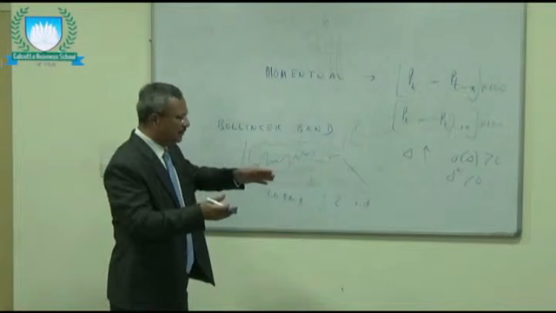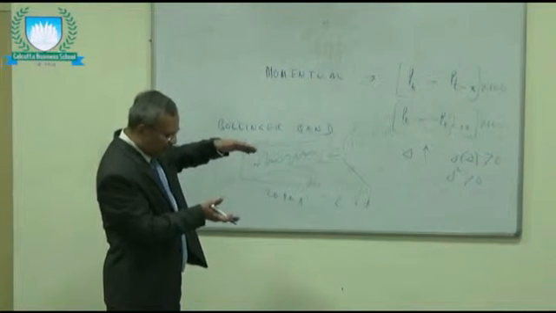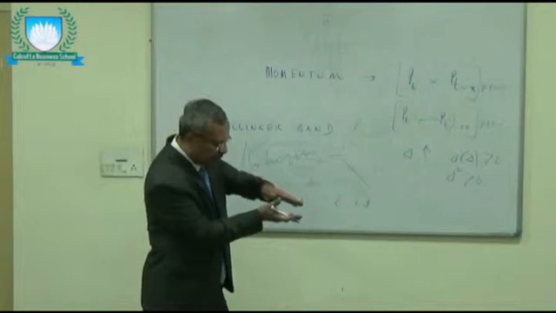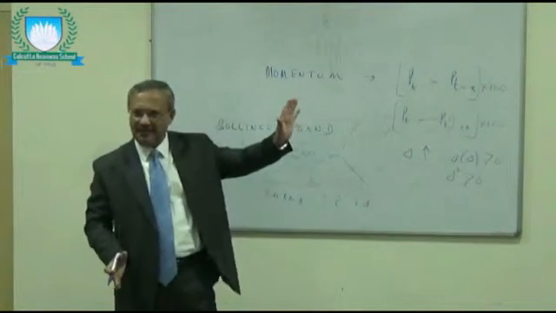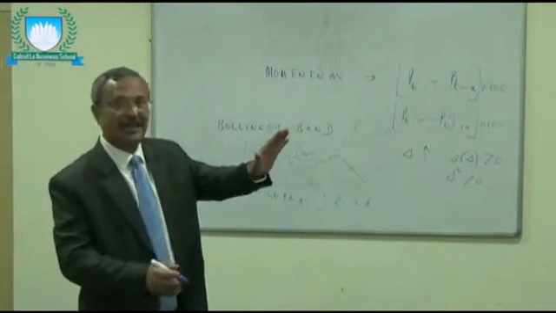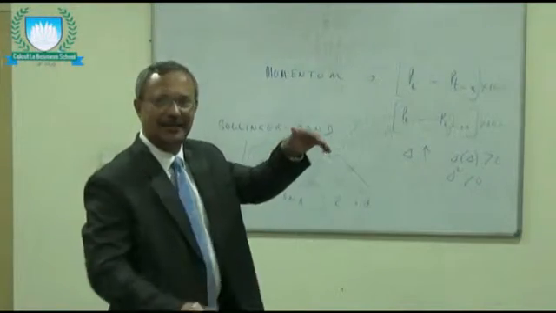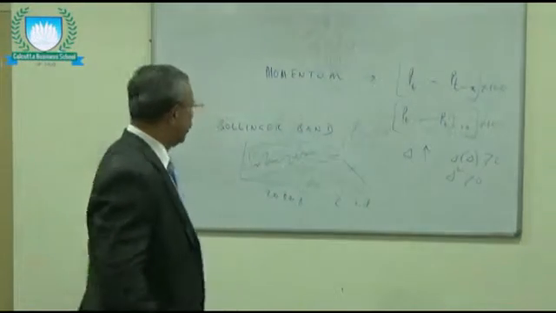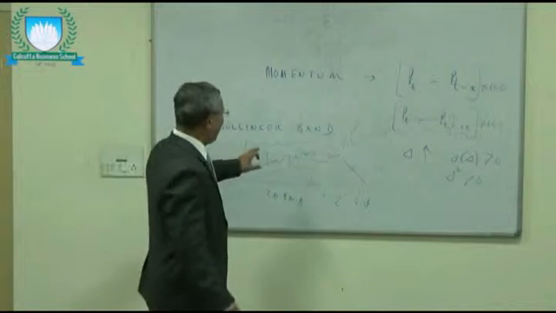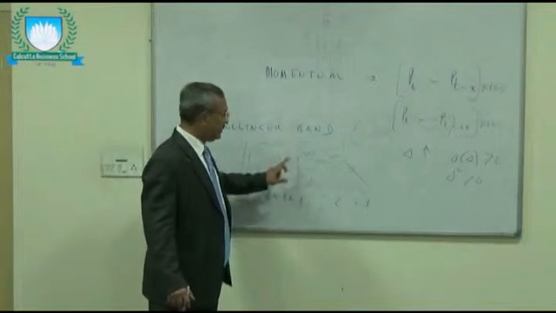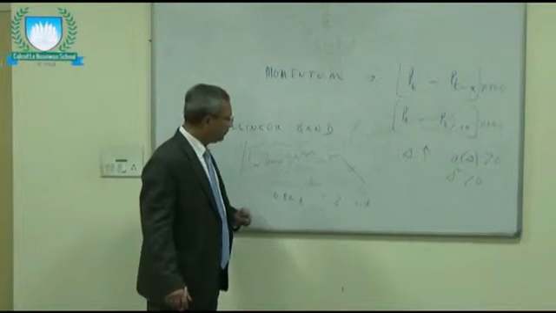It may be observed that when the market price is falling and the Bollinger Band narrows, after that prices tend to rise. And when prices are rising and the Bollinger Band narrows, there is a tendency for prices to fall. So this acts as an upper bound and this acts as a lower bound.